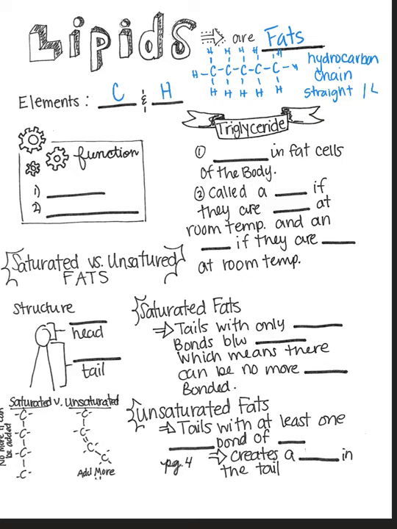So, a couple functions of lipids. Long-term energy. With carbohydrates, we had short-term energy. That's what our body burns first. Well, when we take out all of the carbs in our diets, our body switches over to the fats, where we have our energy stored.